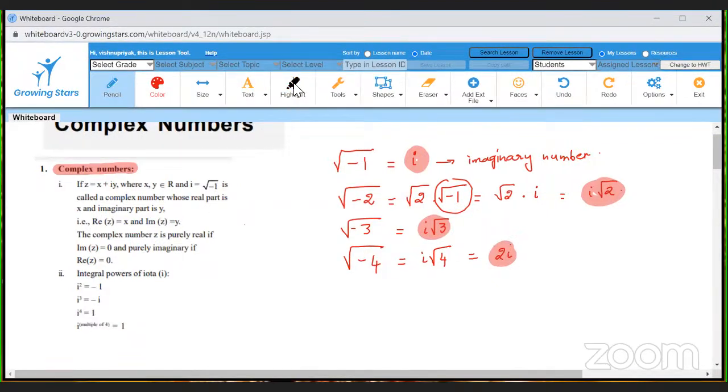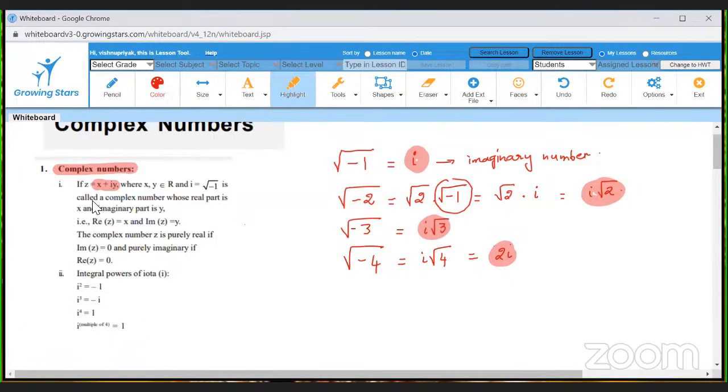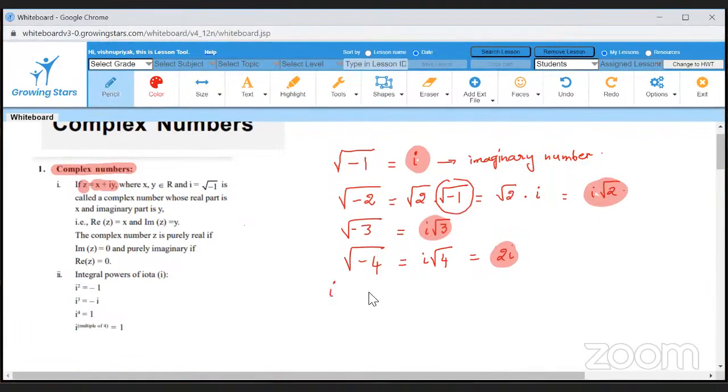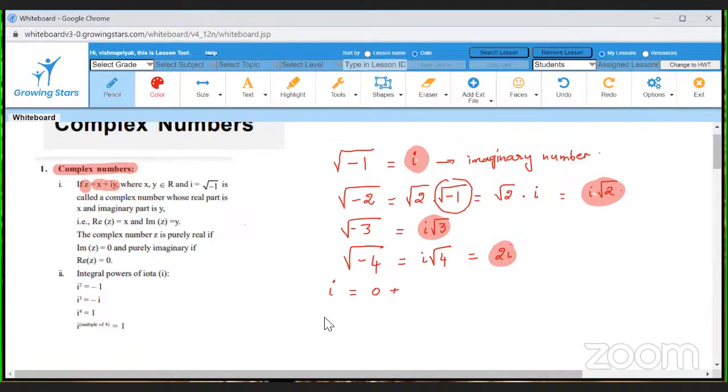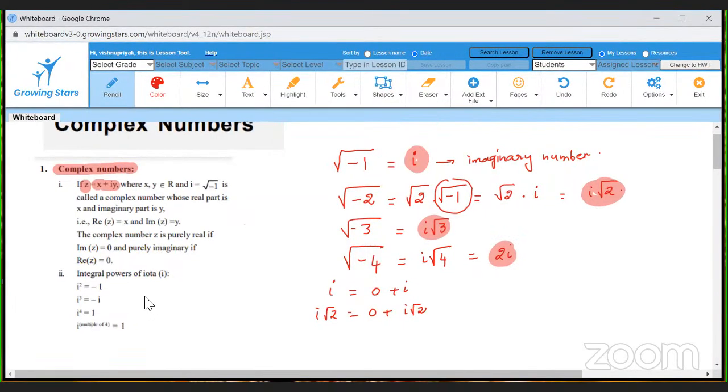Every complex number can be written as x plus iy, and you can, in short, denote it by z. So if you have i, you can write it as 0 plus i. If you have i root 2, you can write it as 0 plus i root 2. So that you will have the x plus iy form.